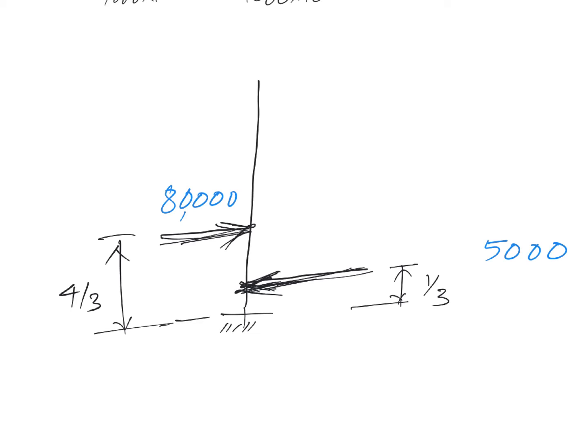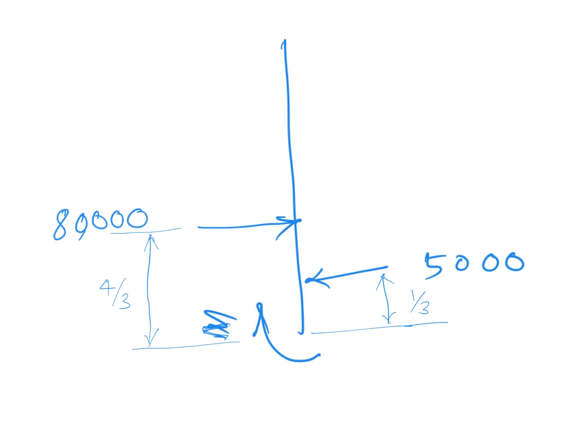Now things are fairly easy, because you're asked to compute the maximum bending moment. For that, you can simply sum up moments about any section and compute how the moment varies. A little consideration will show that the maximum bending moment will be acting at this section, because the moment is bigger here for this force.